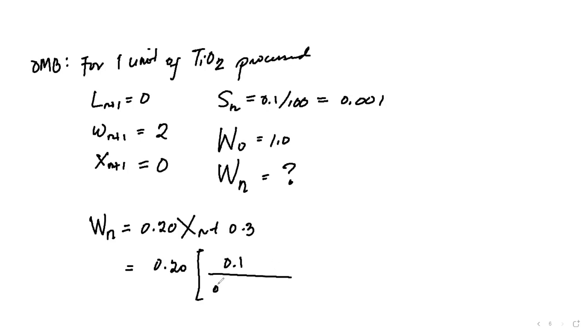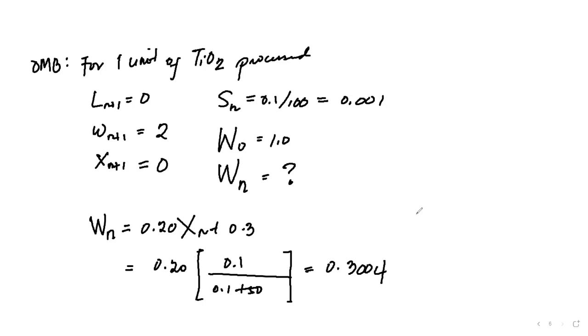We have 0.1, and we have 50 of the water that goes with it. Okay, 50 based on the given. So we have the answer here to be equal to 0.3004. Okay, now with that, we can determine the x sub 1.